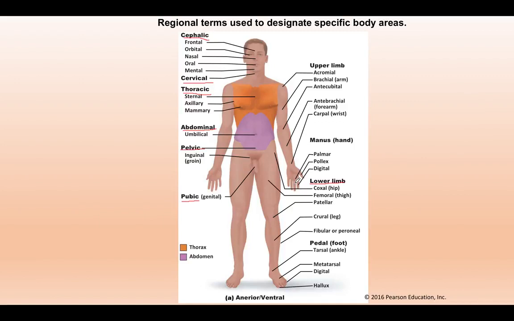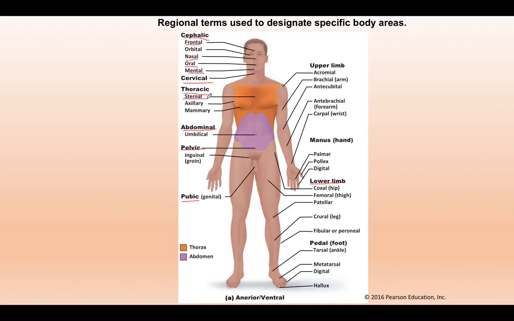Again, you can see there are certain words underneath that describe it. Some of them are self-explanatory, such as frontal. Frontal means in front. Orbital means around, right? Orbit, circular. Nasal implies nose. Oral implies mouth. Mental implies chin.